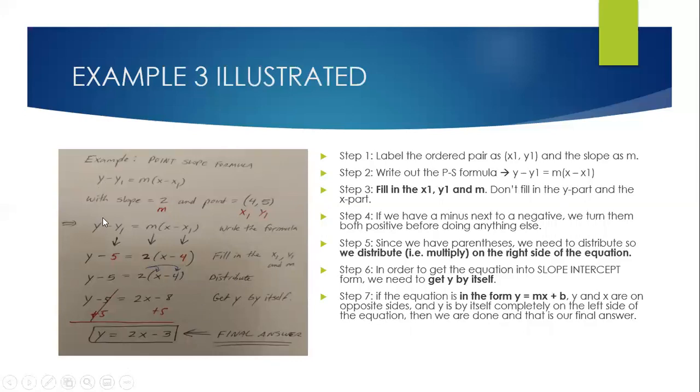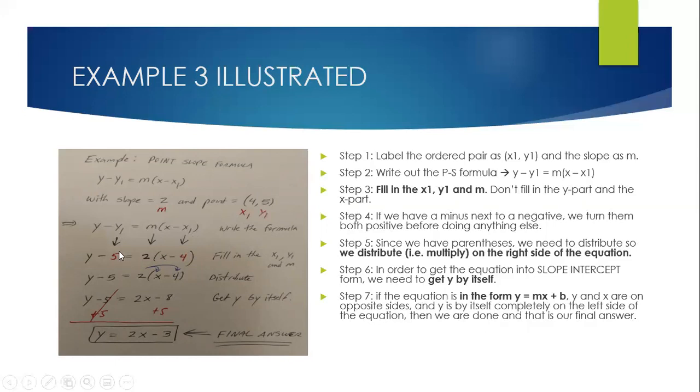That's a really bad way of writing it. Just write it the way that I've been writing it: y minus y1 equals m, parentheses, x minus x1. All right. That's just a note. I just want you to know that. I really need you to not mess that up.